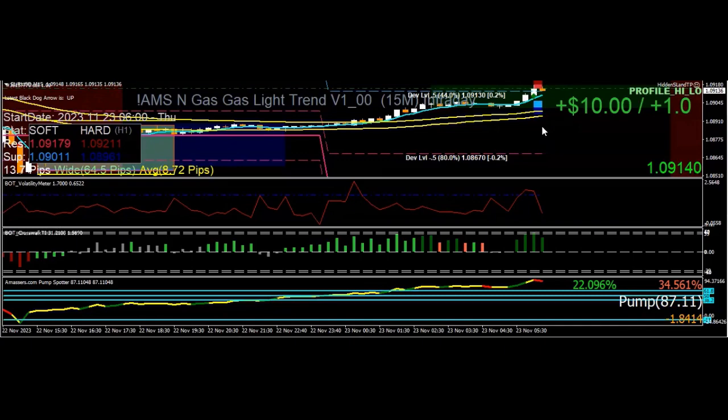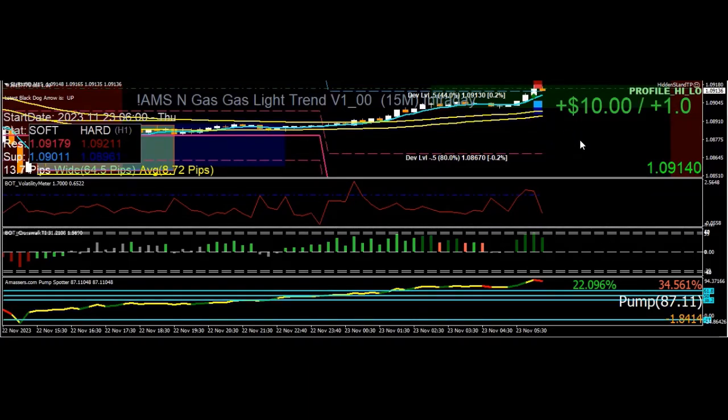Okay guys, now I'm back and I've got a little recording here of a quick poppy trade that I took. Now this trade involves 2 pairs, the Euro USD, and the other pair is the USDCAD.